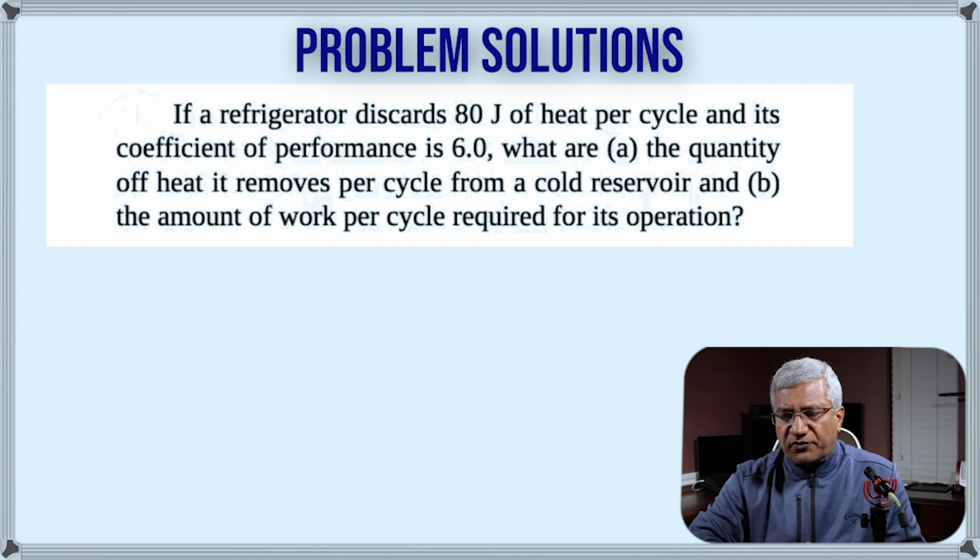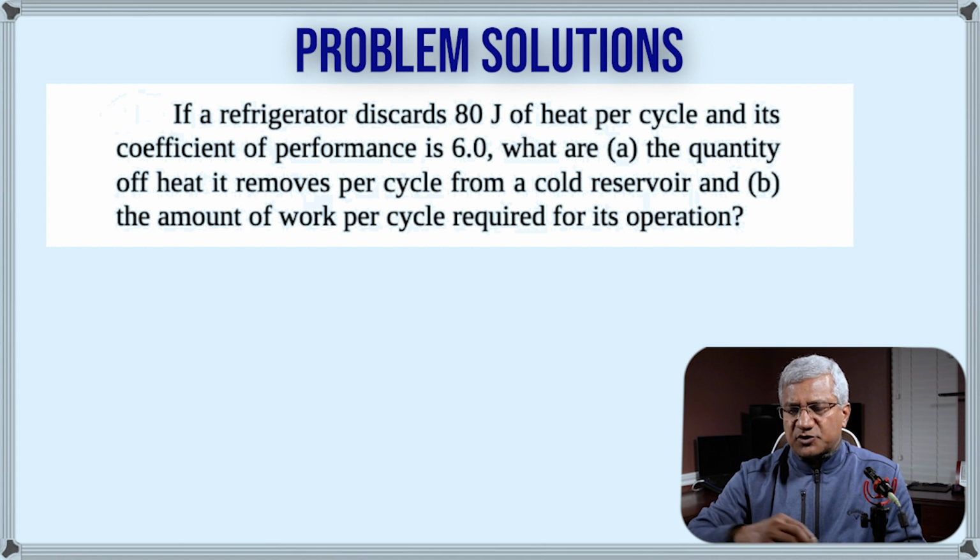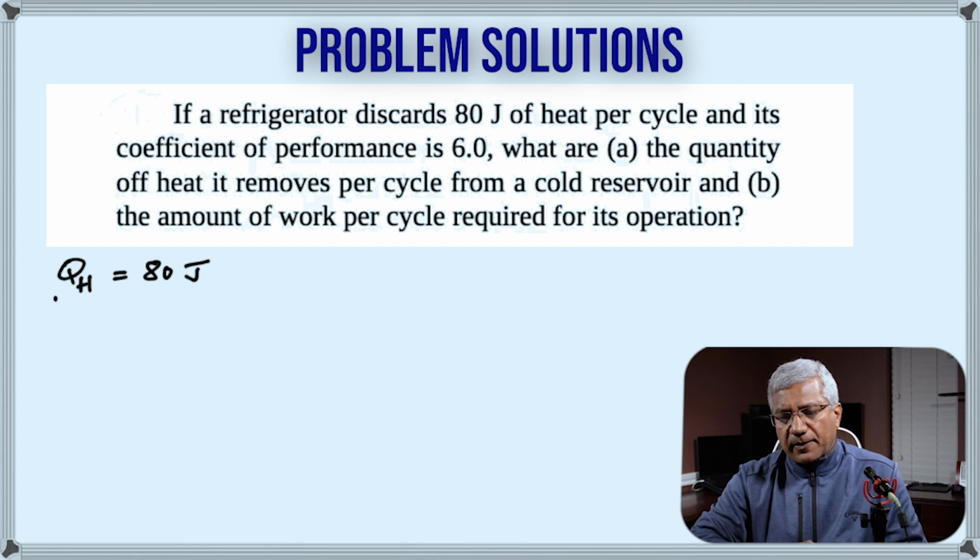And the coefficient of performance is 6.0. What is the quantity of heat it removes per cycle from a cold reservoir? Okay, so we're looking for QC now. So QH is given, 80 joules. The coefficient of performance is 6.0.